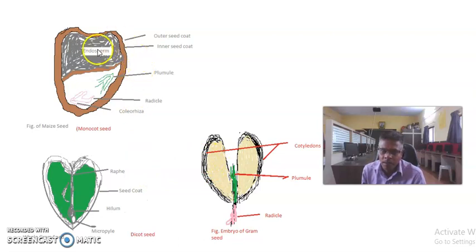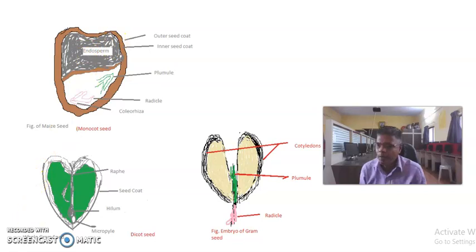And in monocot type seed, endosperm is the organ of storage of food, which is used for further growth or development of seed.